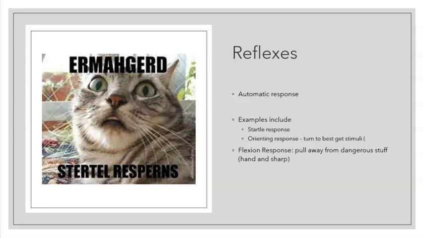Another type is orienting responses. An orienting response is where you naturally turn or orient your body in a different way to best absorb a stimulus. So for example, if someone's talking to you, you're going to naturally turn towards them. You're not going to turn away. Another example is if you're listening to something or you want to look at something.